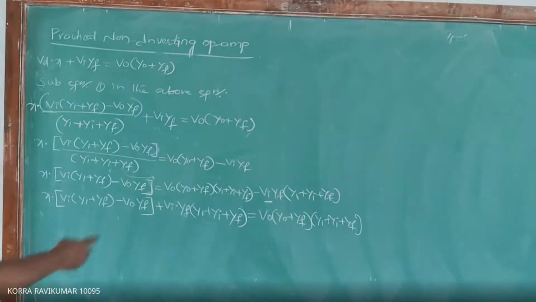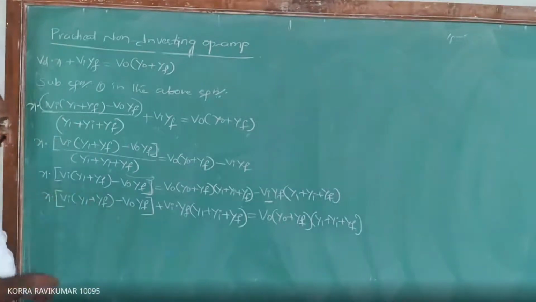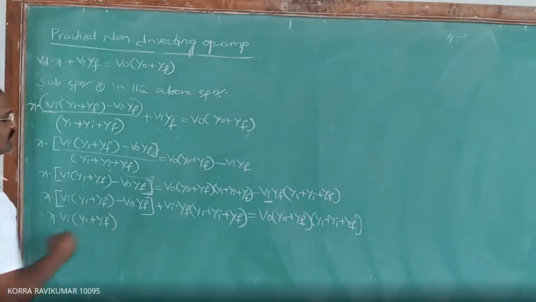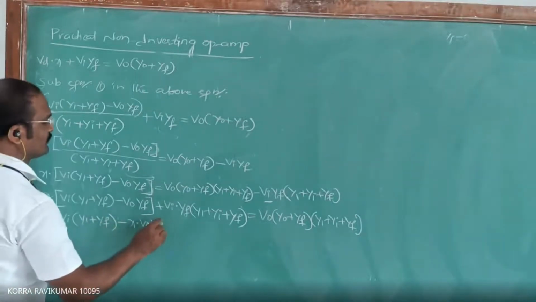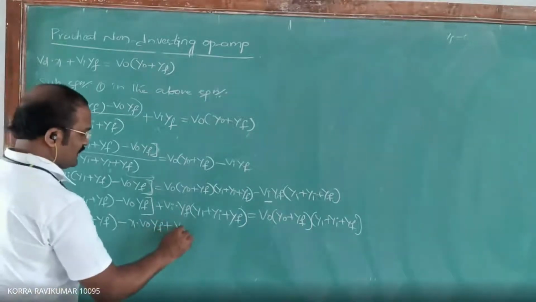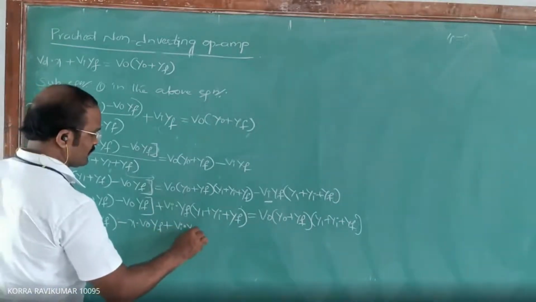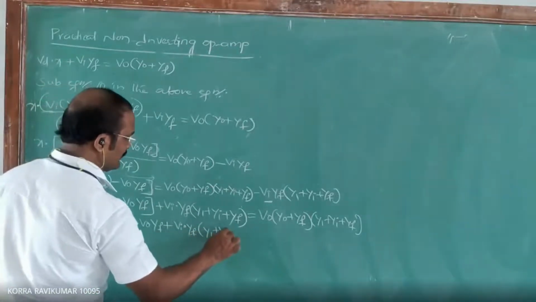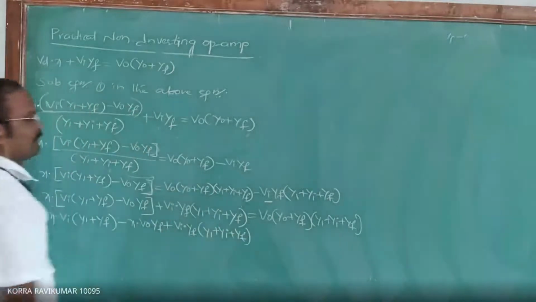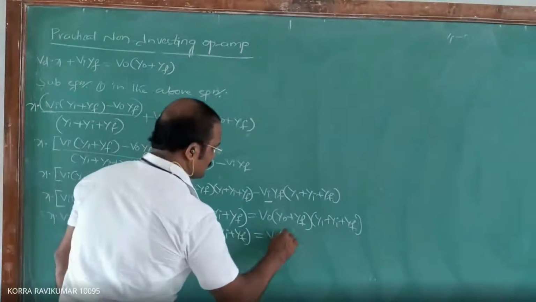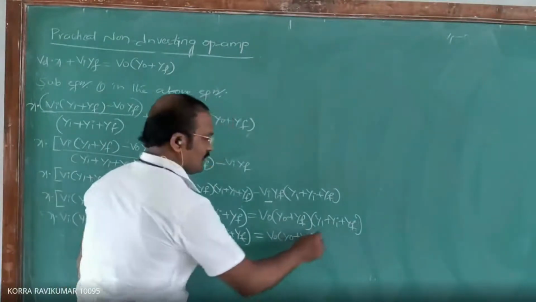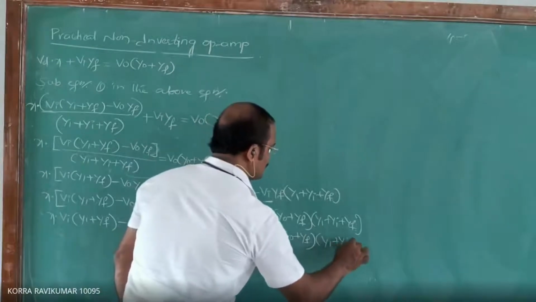Before that, here there is a V0, so multiply with this: x into Vi of (Y1 plus Yf) minus x into V0 into Yf plus Vi into Yf of (Y1 plus Yi plus Yf), which equals the RHS term V0 of (Y0 plus Yf) of (Y1 plus Yi plus Yf).